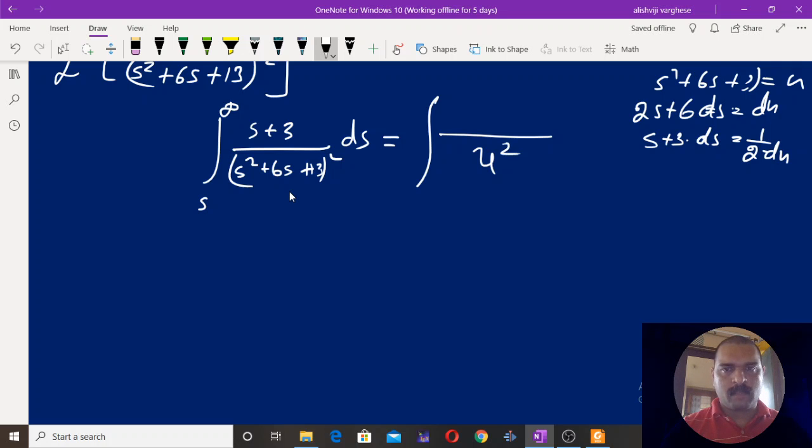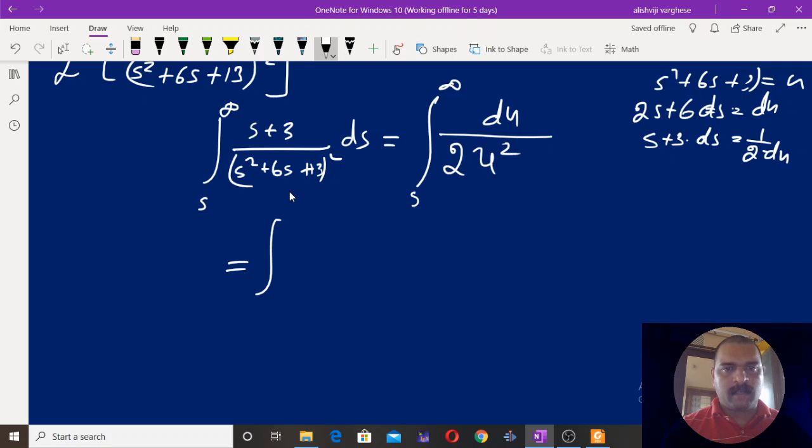So it is u square into, here it becomes 1 by 2 du, and it varies from s to infinity. Okay, let us keep this as it is here because we can change the variable after integration.